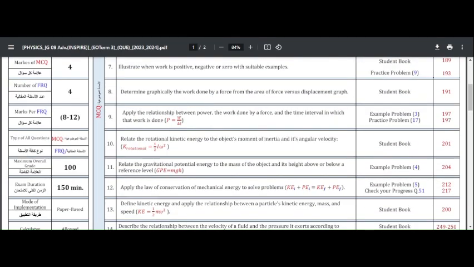And another kind of question is question number 7 in our exam coverage, which is to illustrate when work is positive, negative, or zero. So first of all, let us discuss when the work done is zero. Work done is zero when the force and the displacement, or the direction of motion, are perpendicular to each other.